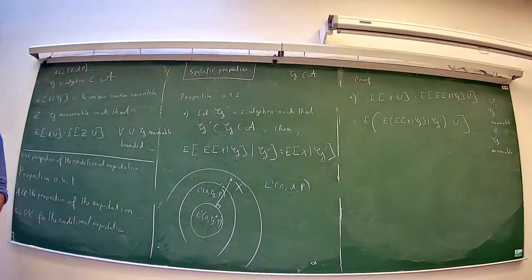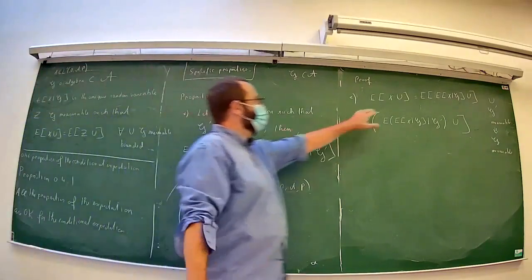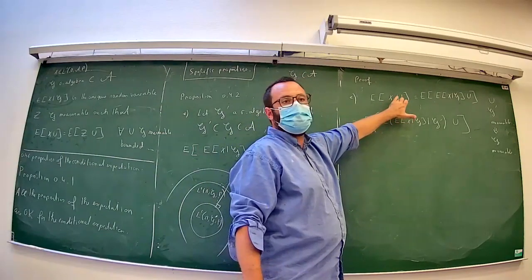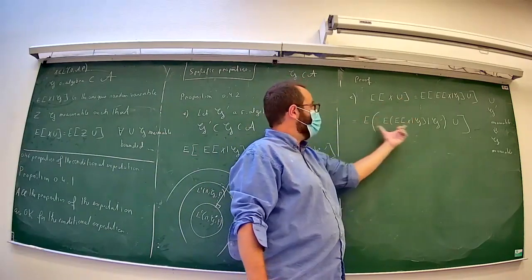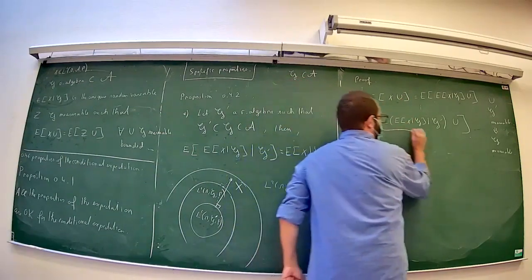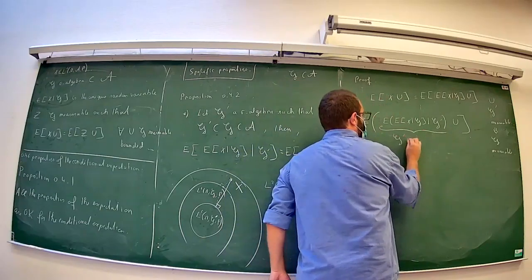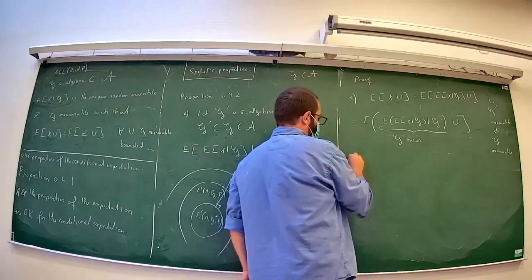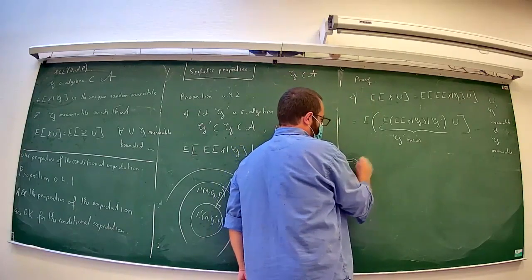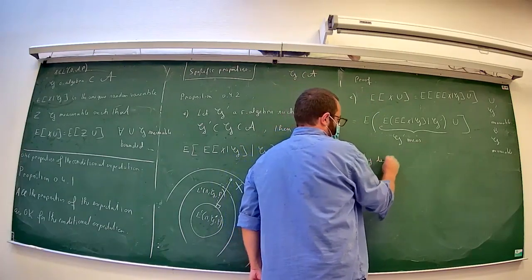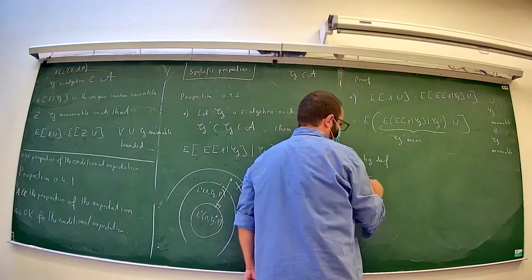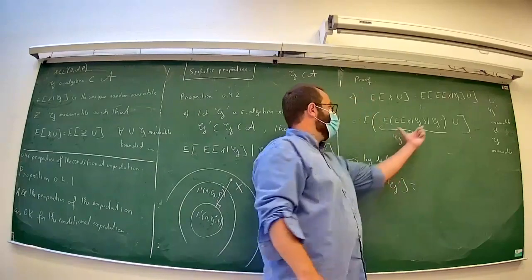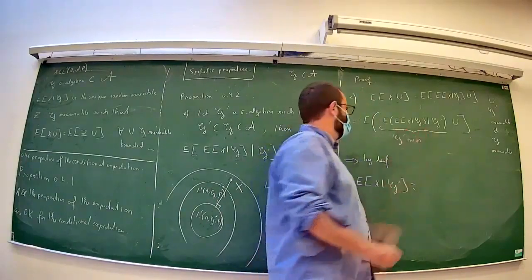It's finished because what I have proved is that the expectation of X times U, when U is G prime measurable and bounded, I can write it this way, where this one is G prime measurable. By definition of the conditional expectation of X given G prime, this conditional expectation is necessarily this one.